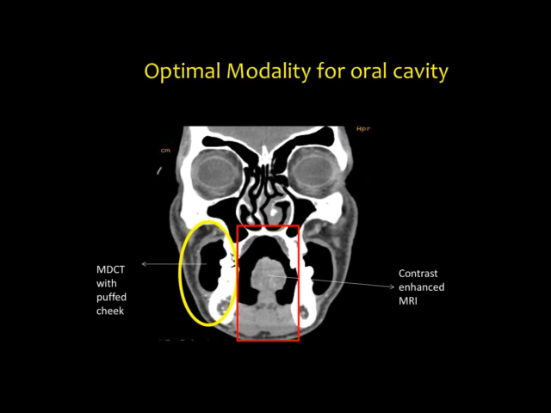So there, the CT becomes an adjunct to the tongue if you are in doubt. But in buccal, the main change in the management would be based on the mandibular bone involvement or a maxillary bone involvement, and there you need CT because subtle cortical erosions or even deeper cortical erosions would change the management of the patient.